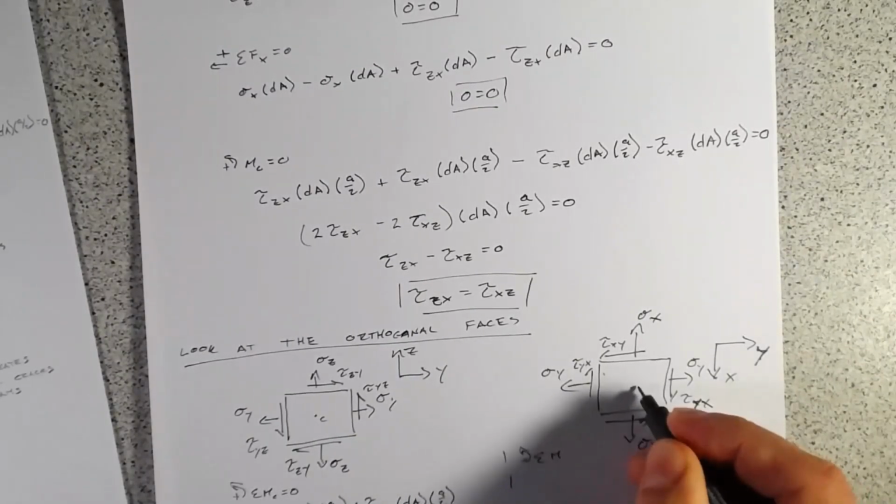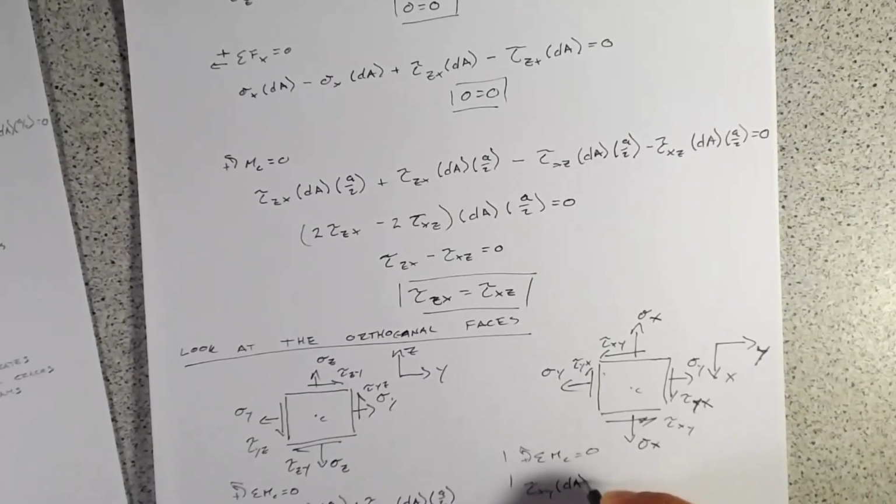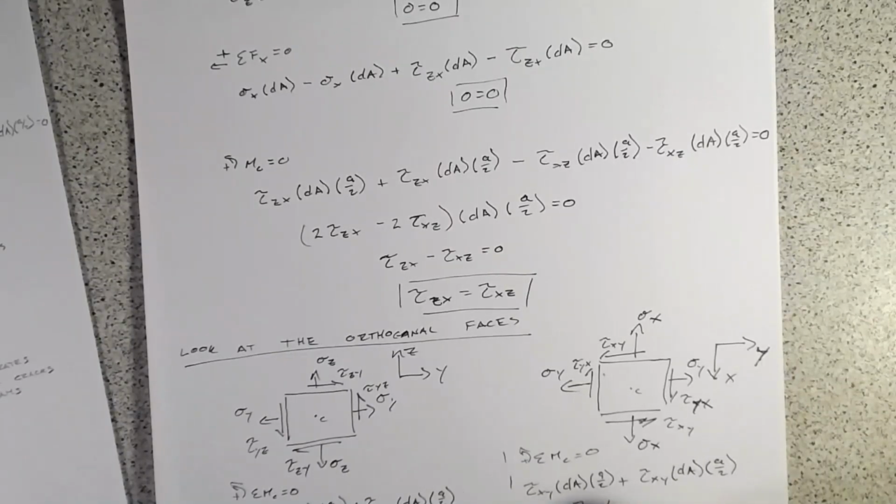Sum the moments at C equals 0, and you'll get tau xy times dA times A over 2, plus tau xy dA times A over 2, minus tau yx times dA, so just times that area, times the distance to the center, minus the shear stress tau yx times the area it acts over, times the distance to the center for the moment.